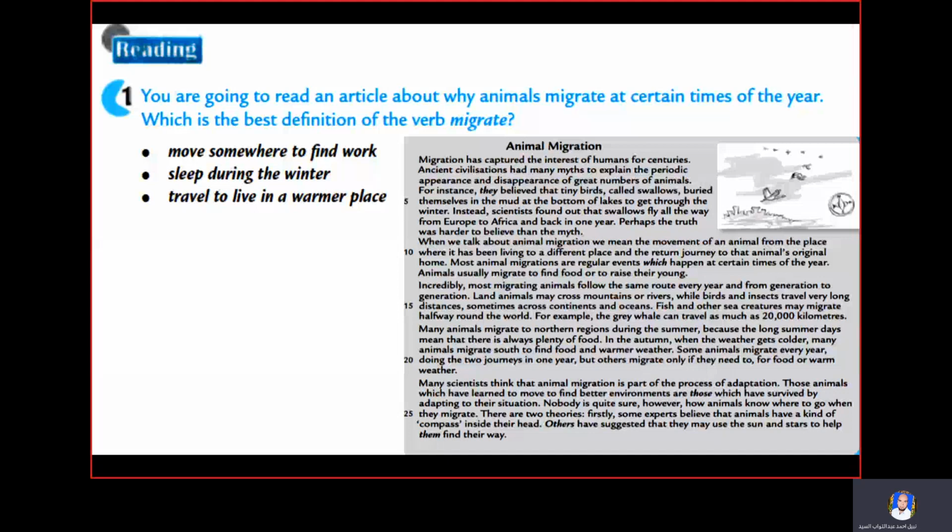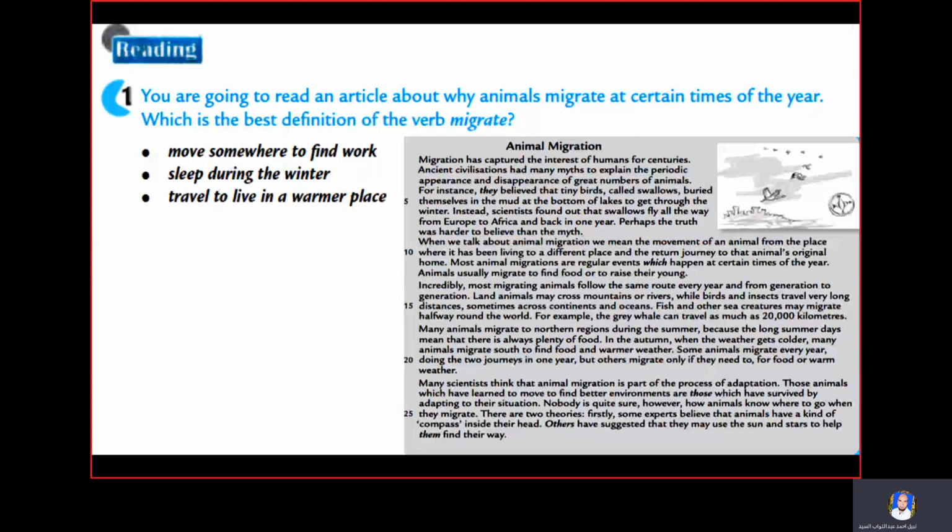Sorry, fish and other sea creatures may migrate halfway around the world. For example, the gray whale can travel as much as 20,000 kilometers.